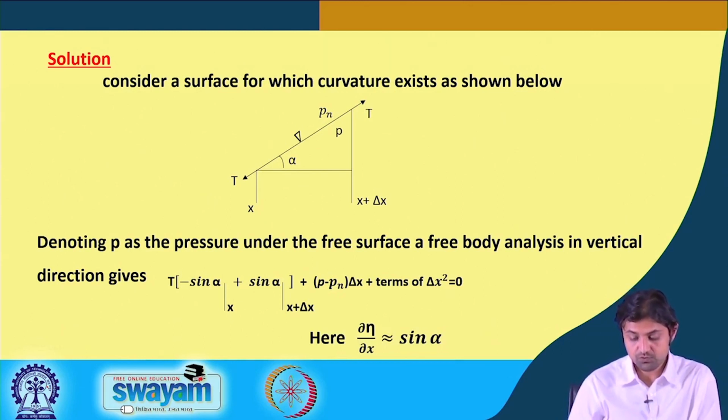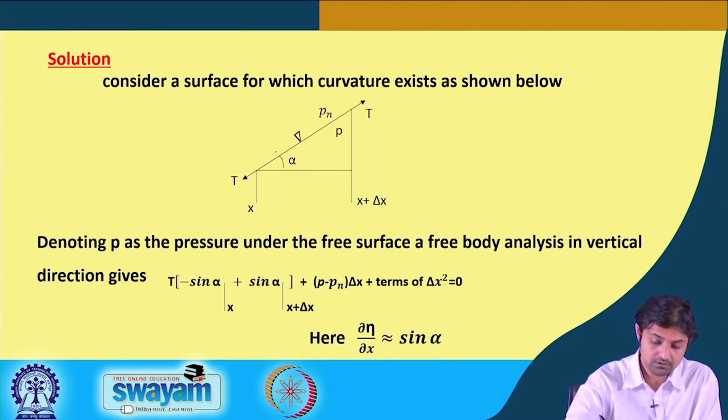All right. So, here we assume that delta eta by delta x is equal to sine alpha. How? You see, at this point there will be eta and at the other point there will be eta.